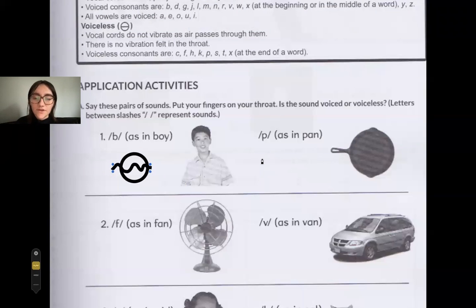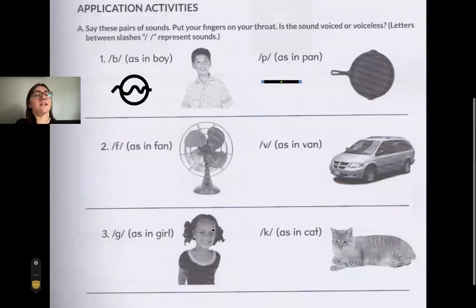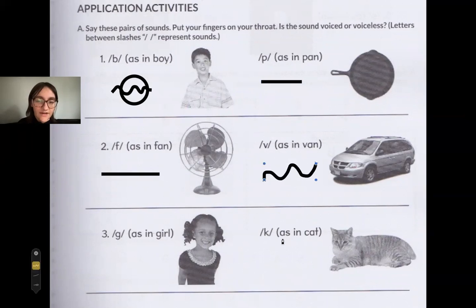No movement, so it's voiceless, flat. Let's keep going. Fan is voiceless. There's no movement, no vibration. Van: V is voiced. It has that vibration, right?